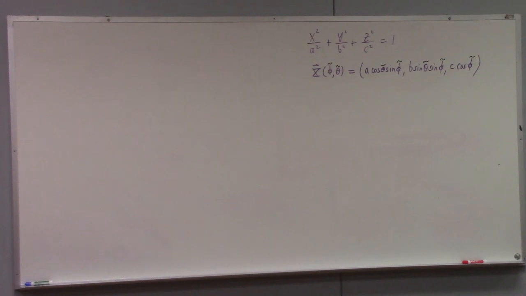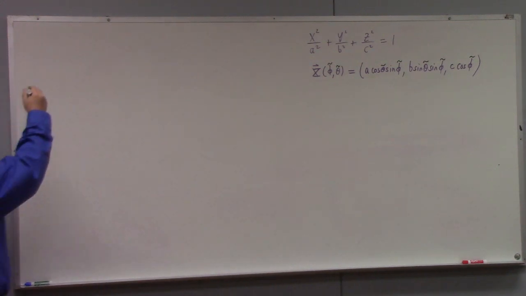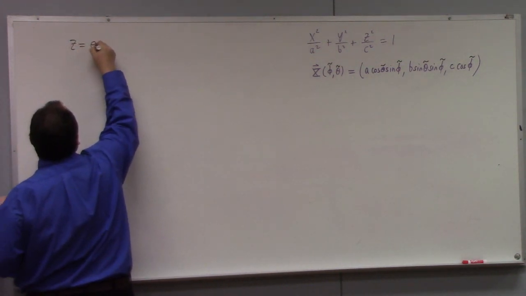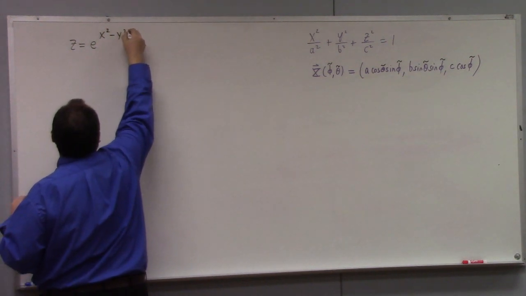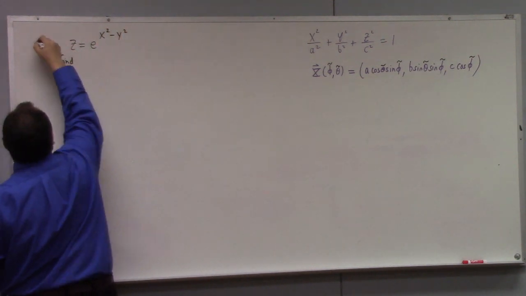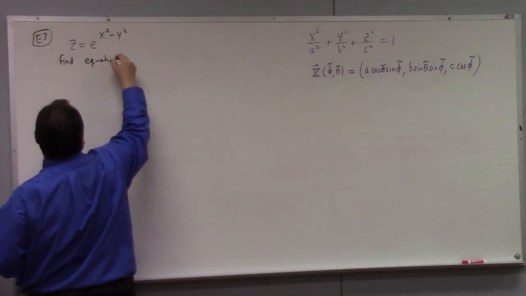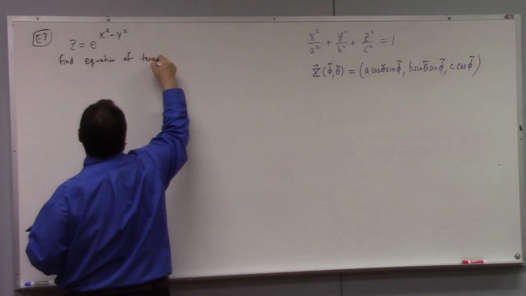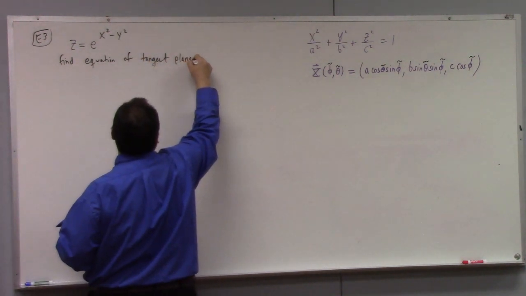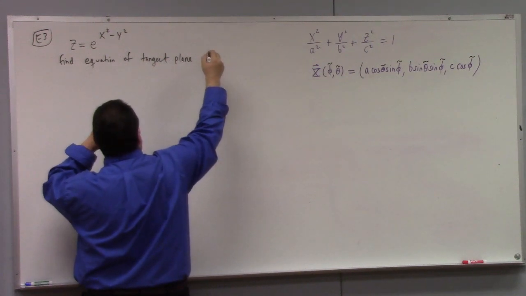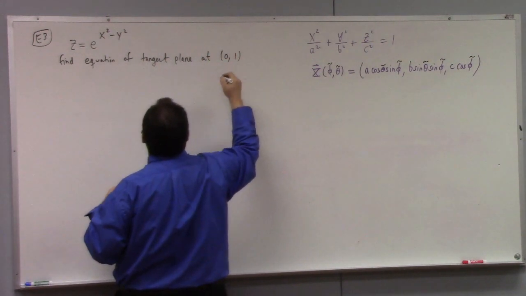Let's see here. So, oops, wrong one. So here's a simpler example for us to finish with. Suppose you've got z equals x e to the x squared minus y squared. So let's find the equation of the tangent plane at, let's say, 0, 1.